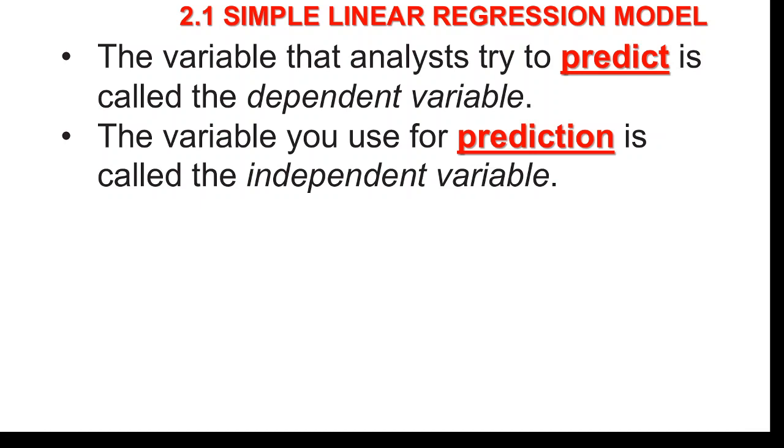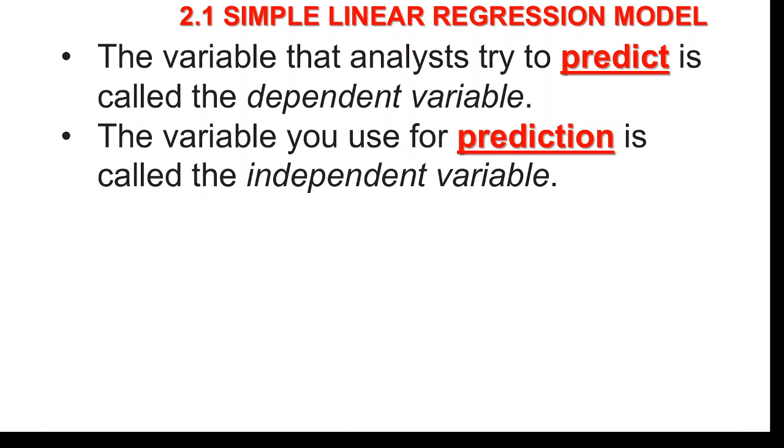Here in the first point it says the variable that analysts try to predict is called the dependent variable. So here I am trying to differentiate the independent variable and the dependent variable. If the analysts try to predict a particular variable, we call it the dependent variable, and the variable which you use for prediction, we call the independent variable.